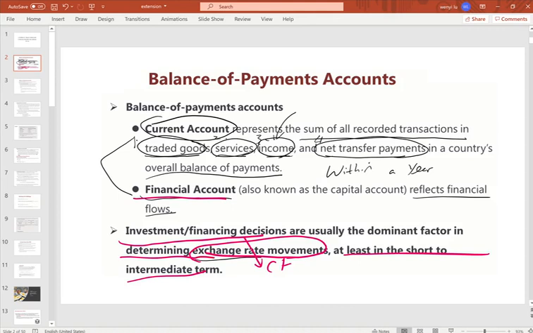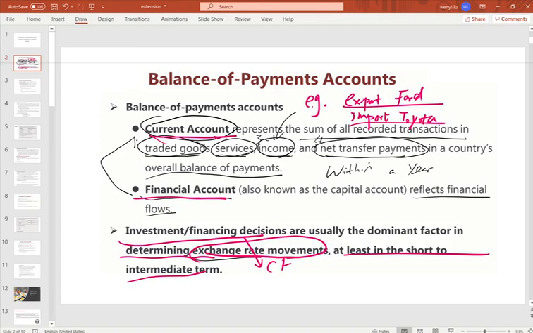Let me show you examples. In the current account, we have export and import. For example, we export Ford cars to a foreign country, and at the same time we also import Toyota from Japan. So this is export, and this is import.